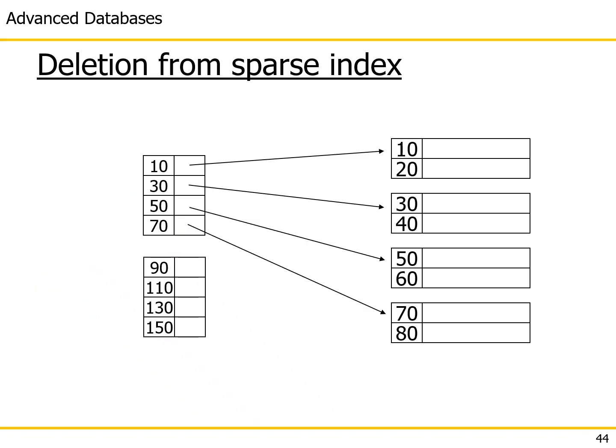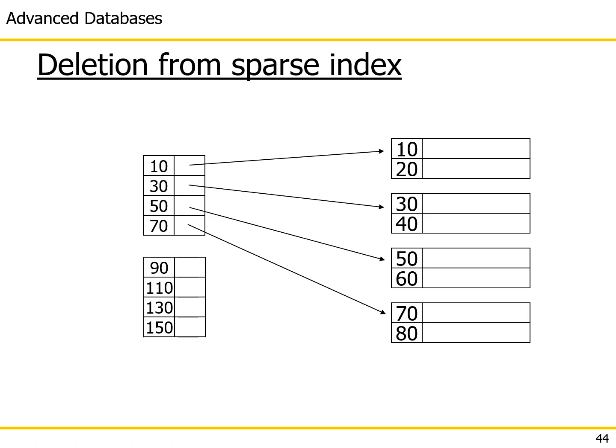So let's study how deletion is going to work if we're having a sparse index. Recall, a sparse index means we're not going to have all the entries in the index. We're going to only have a subset of the entries. And I'm showing you here actually more than what you would typically have. What you would typically have, as I mentioned earlier, is about 10% of the entries only in a sparse index.